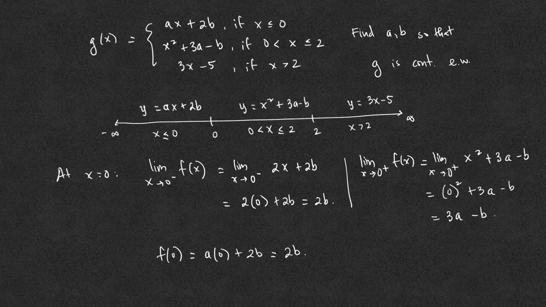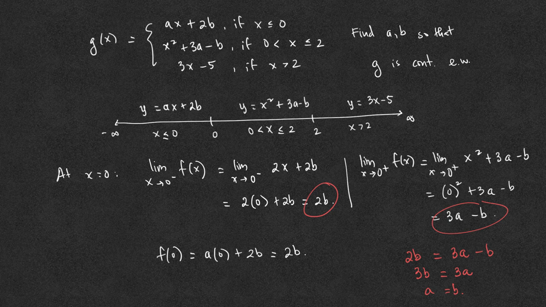For the function to be continuous at x equals 0, we would need the limit on the left to be the same as the limit on the right, which means we would need 2b equals 3a minus b. Simplifying this, we have 3b equals 3a, or simply a equals b.